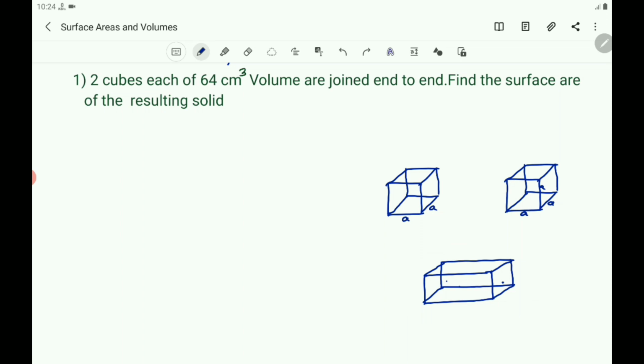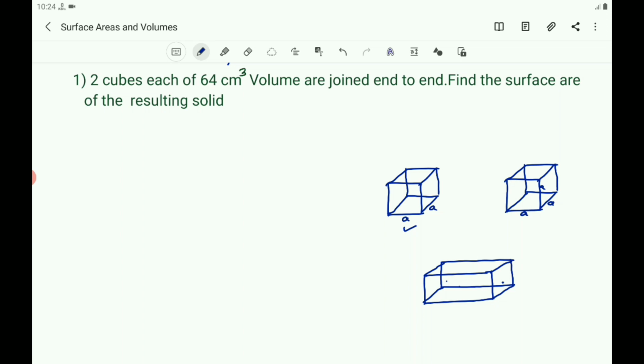Now, to find the surface area of the cuboid, we need length, breadth and height. To get these, we must find the side of the cube. We must find the edge of the cube.